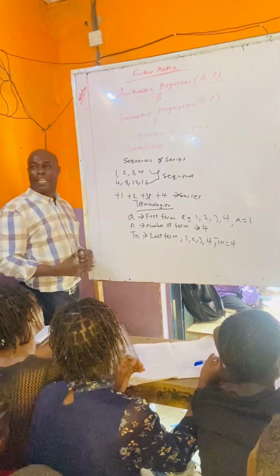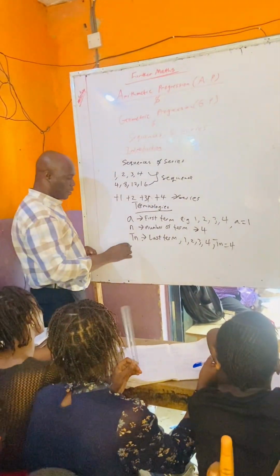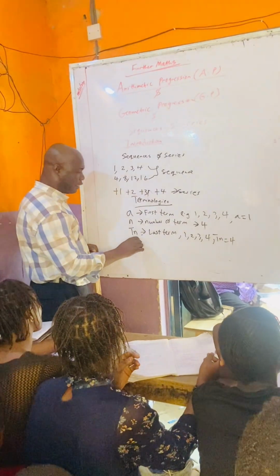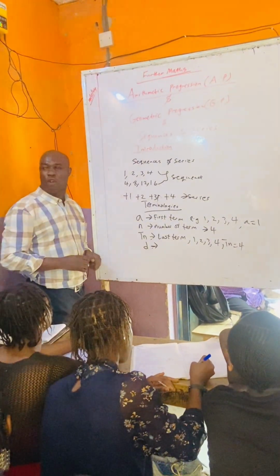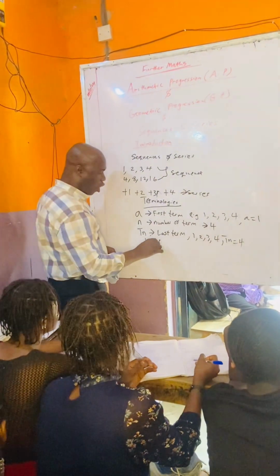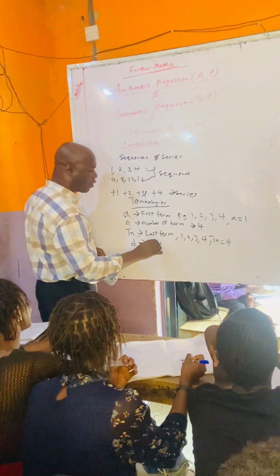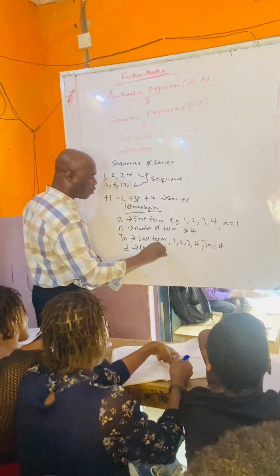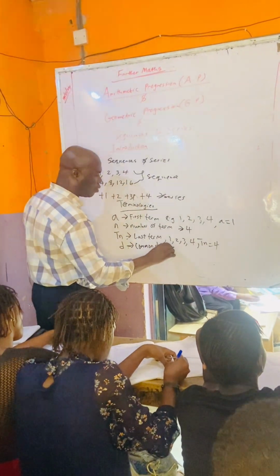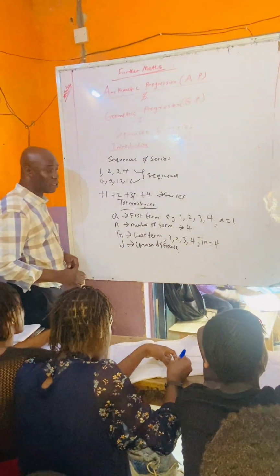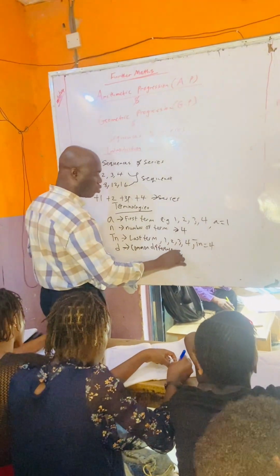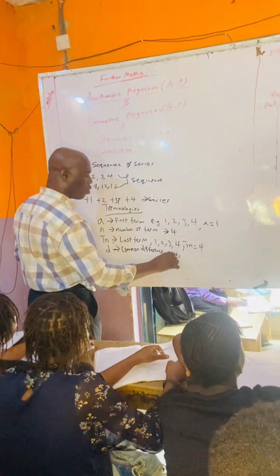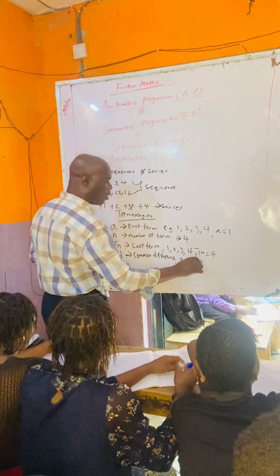When we go further again, we can be seeing something like D. And this stands for common difference. Look at this number now: 2, 4, 6, 8.